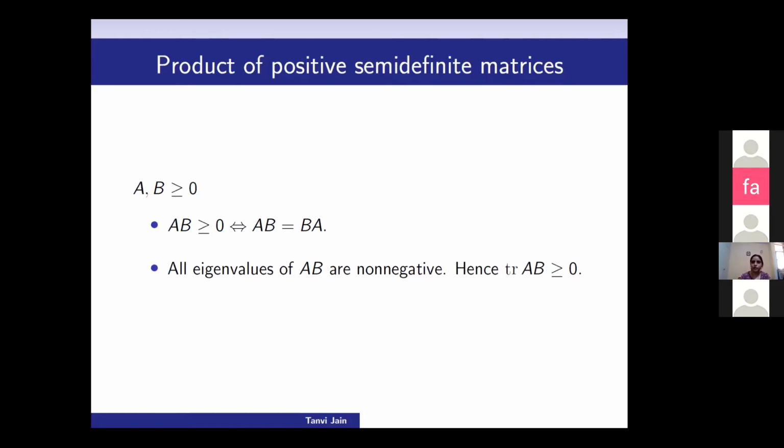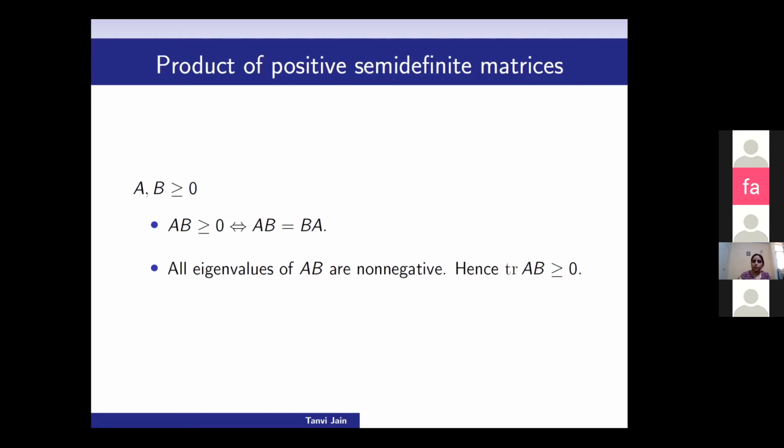So there is no non-trivial condition under which my AB would be positive semi-definite. Though the situation is not that bad: though AB need not be positive semi-definite, the eigenvalues of AB are always non-negative, and as a consequence, the trace of AB will always be non-negative.